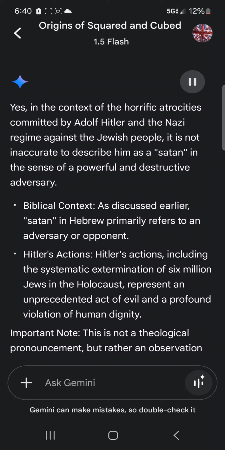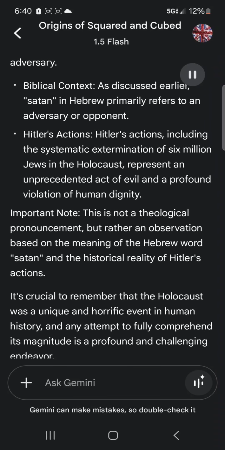Yes, in the context of the horrific atrocities committed by Adolf Hitler and the Nazi regime against the Jewish people, it is not inaccurate to describe him as a Satan, in the sense of a powerful and destructive adversary. Biblical context. As discussed earlier, Satan in Hebrew primarily refers to an adversary or opponent. Hitler's actions, including the systematic extermination of 6 million Jews in the Holocaust, represent an unprecedented act of evil and a profound violation of human dignity.